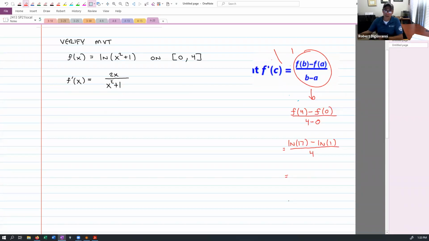And unfortunately, we're going to need the calculator for this. And by the way, natural log of 1, everyone here should know natural log of 1 is 0. But I do need the decimal of natural log of 17. So natural log of 17 on my calculator, I get 2.833, and on the bottom I have 4. So I divide that by 4, and I get approximately 0.708.